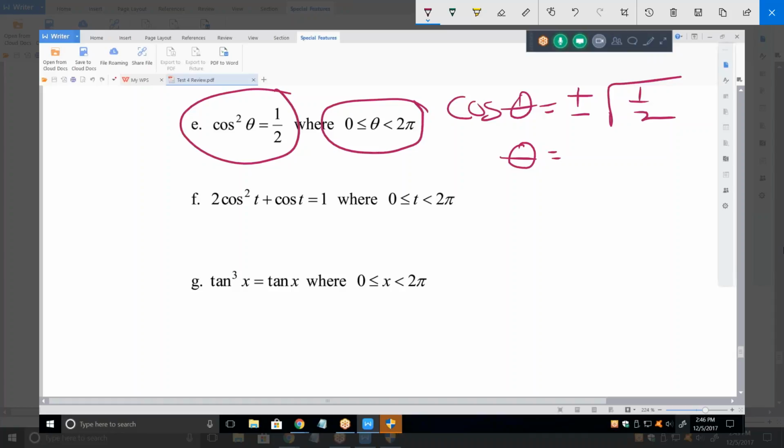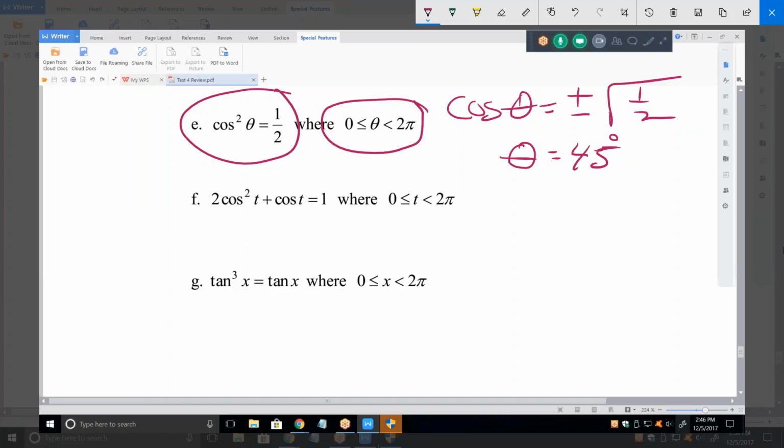Do it again. 60. No. Oh, excuse me. Square root of 1/2, not 1/2. 45. Okay. Now, that's our basic angle.